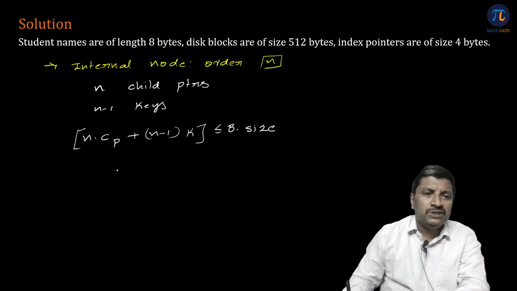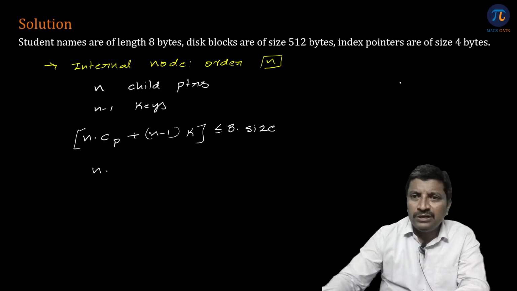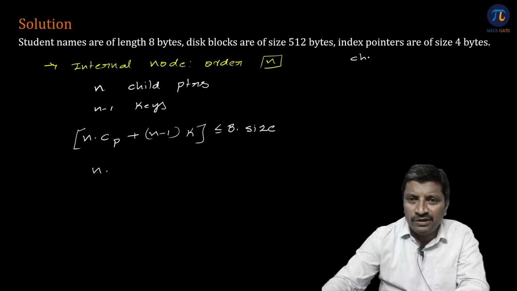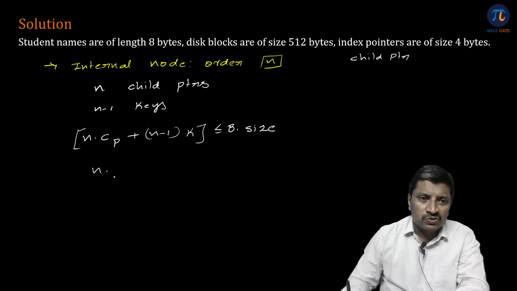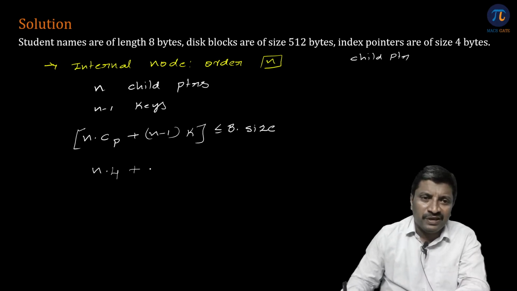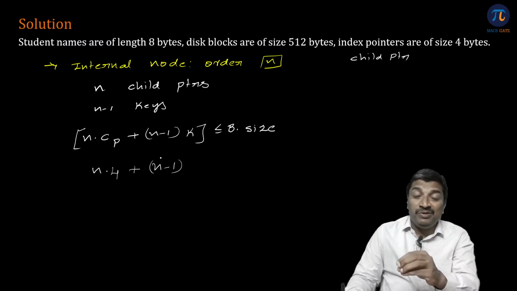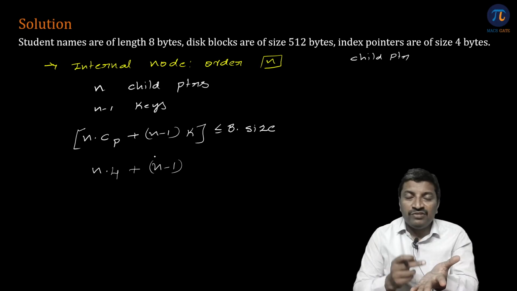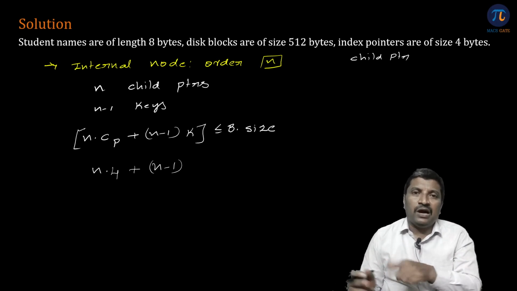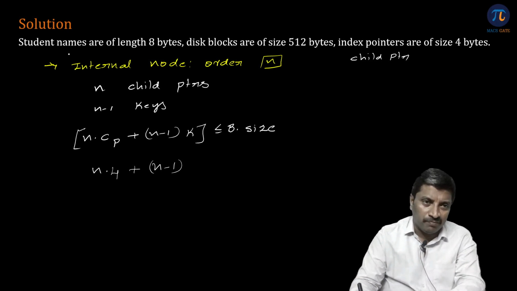Am I right, sir? So n value we don't know. What is the size of child pointer? That is index pointer. Index pointer is nothing but child pointer. So that I have 4. N minus 1 into key size. Sir, here key means what? The field with which you are searching, and you are searching with the help of name.